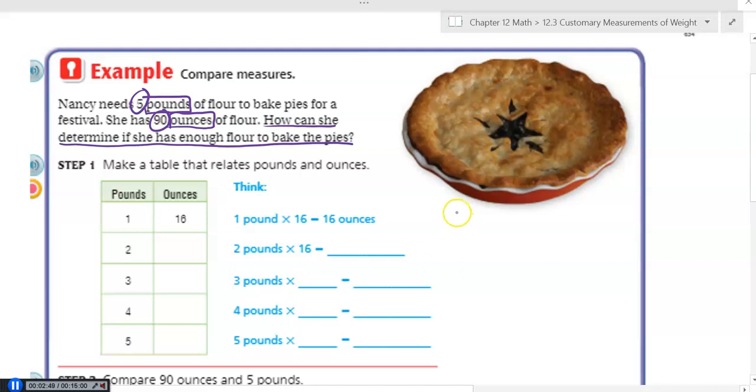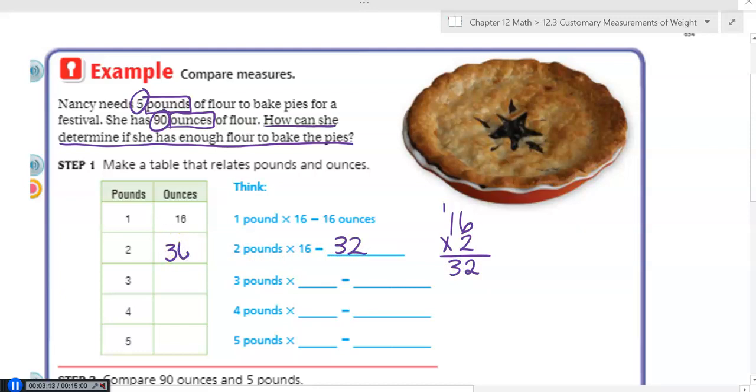So I'm going to go ahead and use this area over here to do some scratch work, side math, as we call it. So I've got 2 times 6 is 12. Regroup my 1. 2 times 1 is 2, plus 1 is 3. So 2 times 16 is 32.